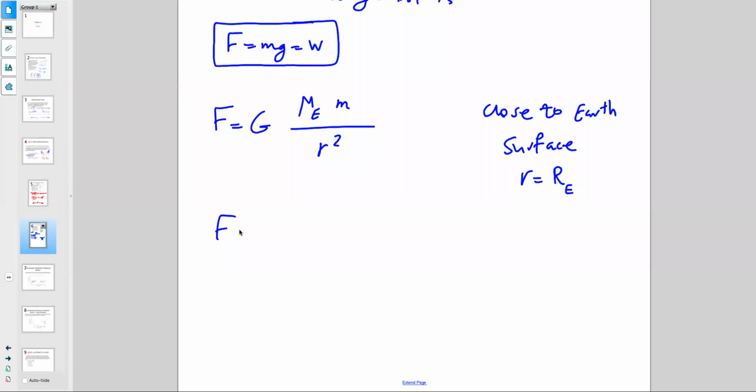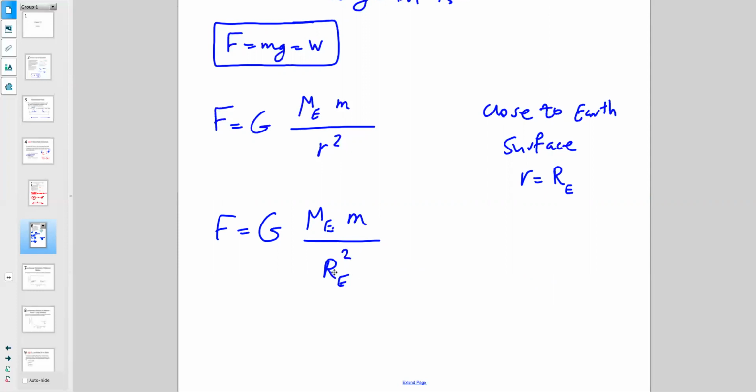So then F is G, mass of the Earth, mass of the object or person, over R squared, where R is the distance between the two objects, which in this case, close to the Earth's surface, is just the radius of Earth.